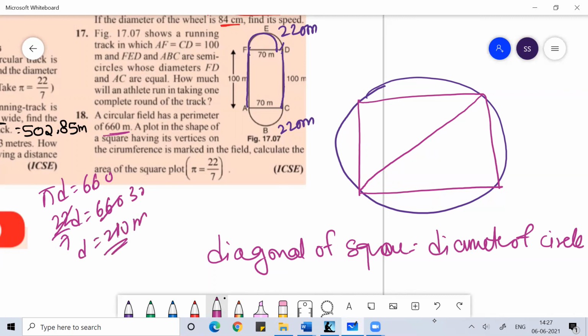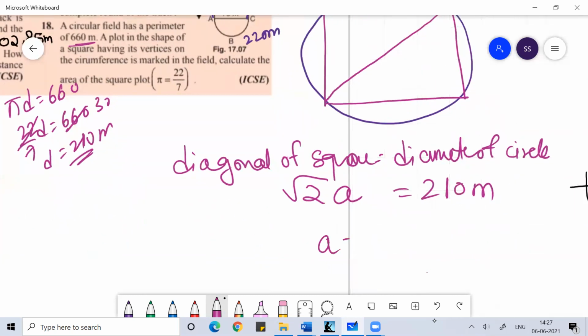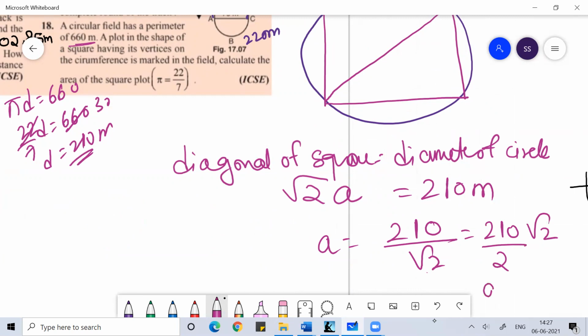The diagonal of the square equals the diameter of the circle. The diagonal of the square formula is root 2 a, which is equal to 210 meter. I hope you understand it. So I'll find the value of a. a is equal to 210 by root 2, so a I can write as 105 root 2.